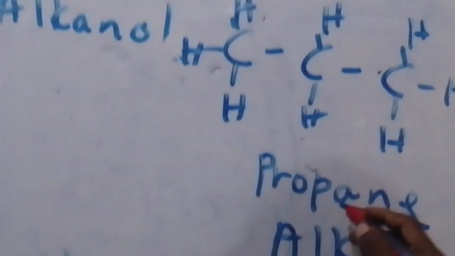So this ANE, this alkane, talks about the family of organic compound. So every compound that is under alkane must always have what we call the root. The root represents the name of the parent compound, which is alkane here.